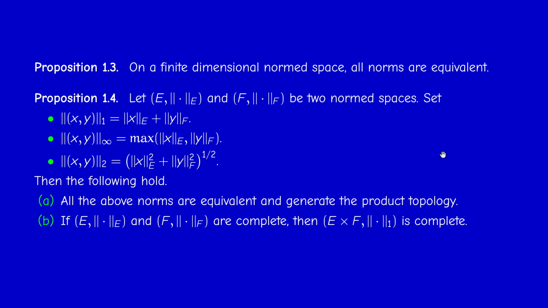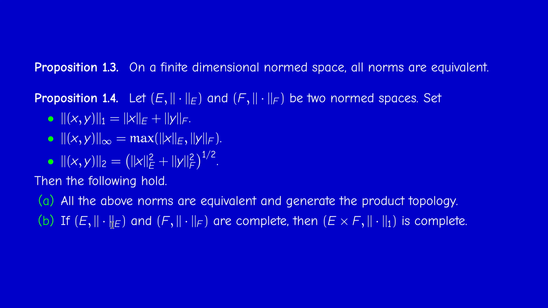And in this case, we can prove that all these norms are equivalent, and they generate what is called the product topology on the product of two topological spaces. If you didn't encounter the notion of product topology, don't worry, just take any norm. So all these norms are equivalent.